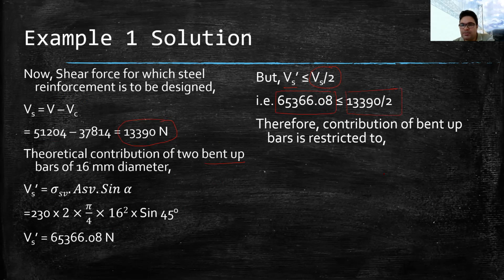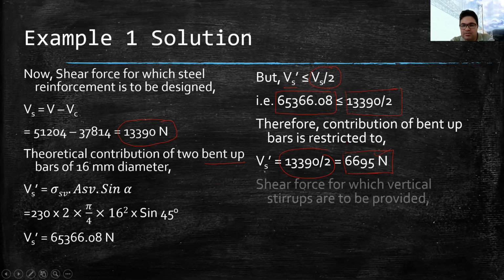So as per the IS code recommendation, the contribution of the bent up bars is now restricted to half of this value, which is 6695. So in our design, we will assume that only this much shear force will be resisted by the bent up bar. Now the remaining part of the shear force, which is again half of this one, which is 6695, will be resisted by the vertical stirrups.